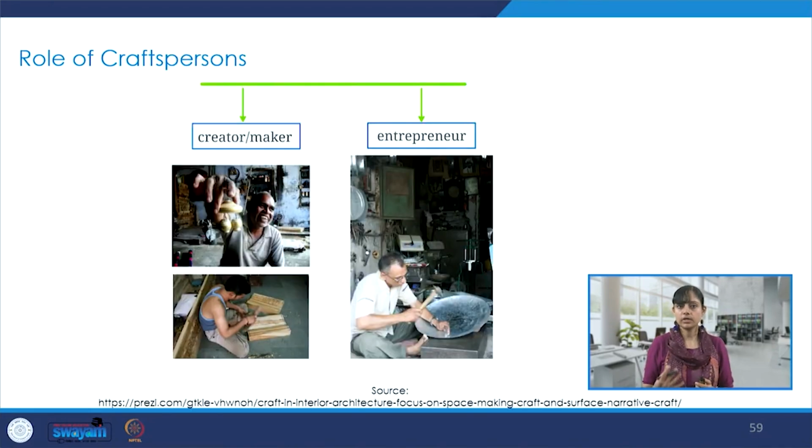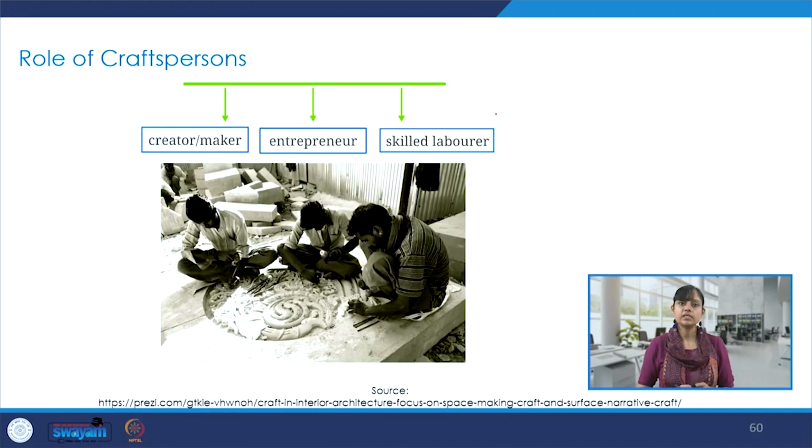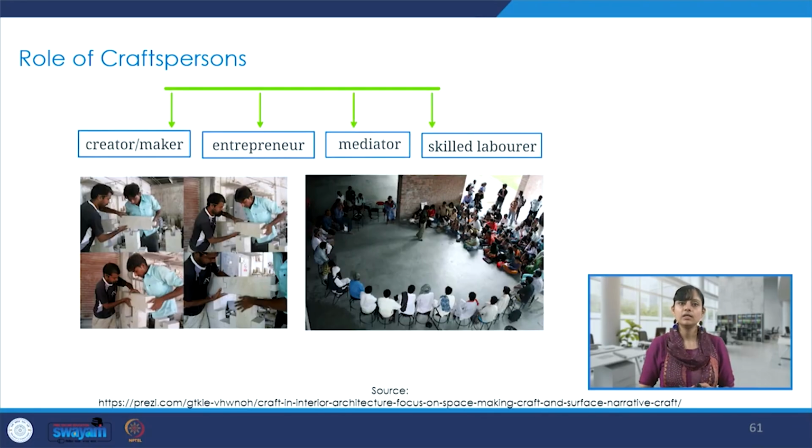We also tried to understand the community of makers, the craftspersons, and their different roles when we talk about interior architecture and space making. Of course, they are creators and makers, they are also entrepreneurs, and they are people who have a lot of skill and from whom we can learn, and we see them also as mediators.